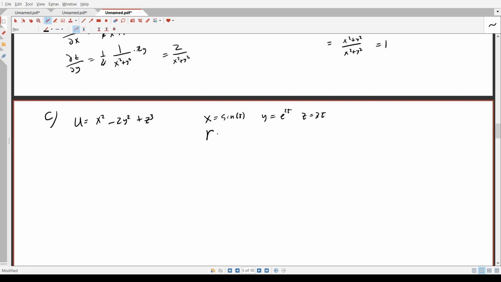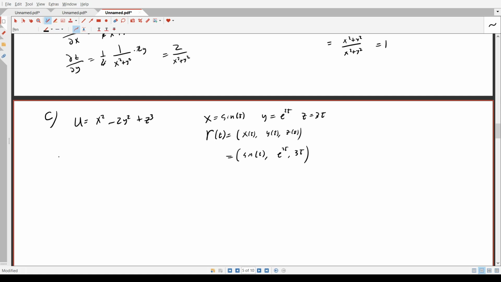I'm going to write this real quick as r of t. That's x of t, y of t, z of t. So this is sine t, e to the 2t, 3t.